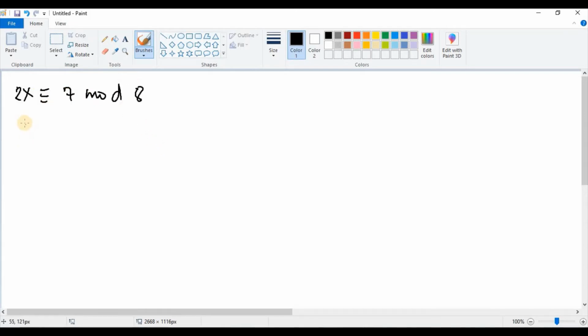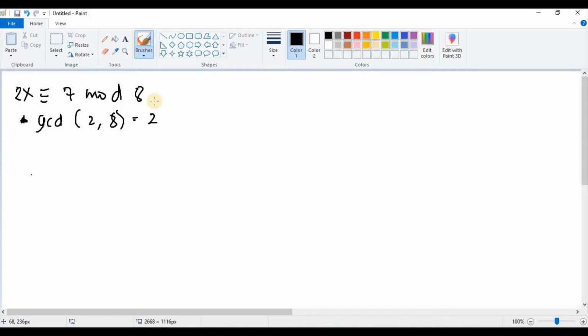Our first step is to find the GCD. The GCD of 2 and 8 is obviously 2. If in case you have large numbers here, what particular lesson or algorithm are you going to apply? We have the Euclidean algorithm for you to find the GCD.